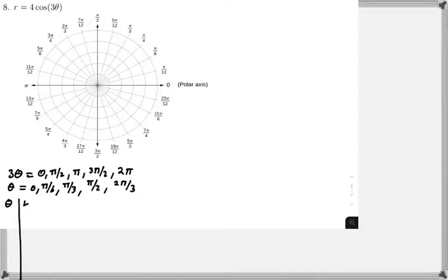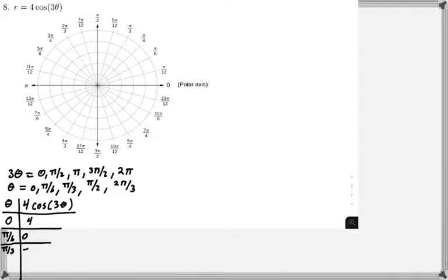So we'll make our little chart, theta and 4 cosine of 3 theta. First we'll start off with 0. Cosine of 0 is 1 times 4 is 4. When you plug in pi over 6, you're going to get 4 cosine of pi over 2. Cosine of pi over 2 is 0. Then we'll plug in pi over 3.